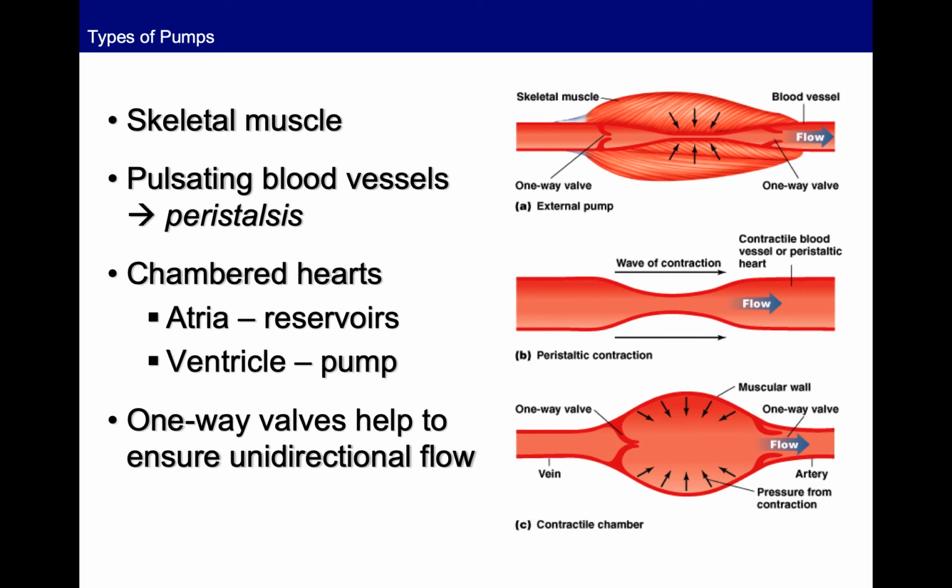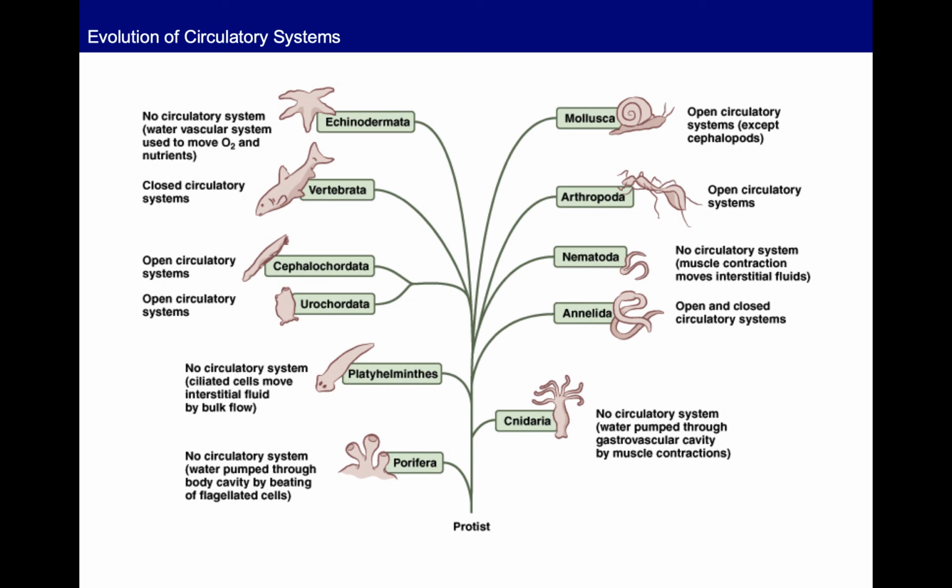Okay. All right. So there's different types of animals. This is a phylogenetic tree. A lot of you may have taken zoology, and you probably learned all of the different kingdoms. There are animals that have an open circulatory system. We as mammals actually have a closed circulatory system.